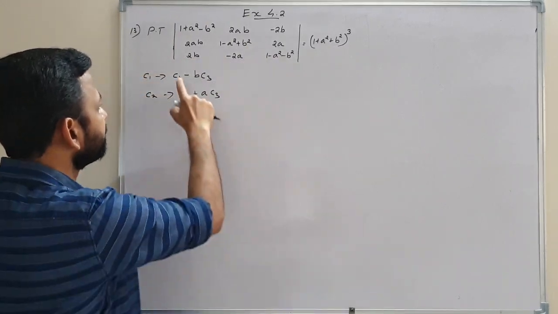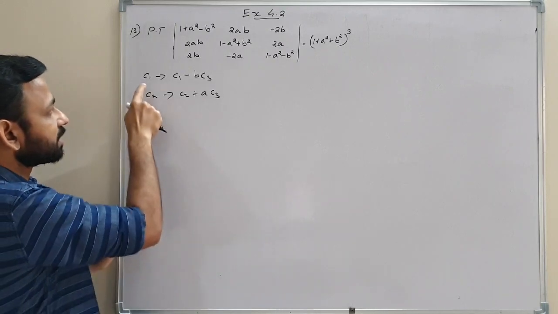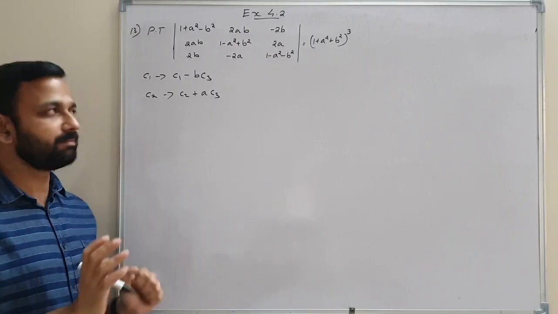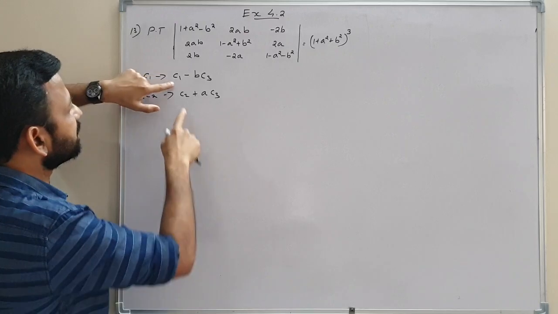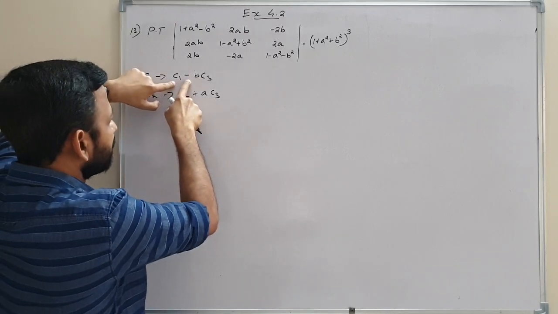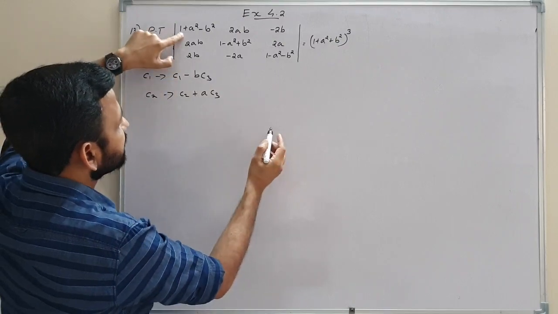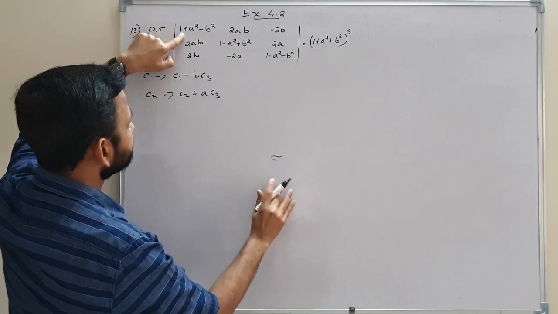So now we are going to do this operation. When we do that operation, C1 and C2 will change, but C3 will be the same. C1 tends to C1 minus b into C3, which we can do here in a rough column.